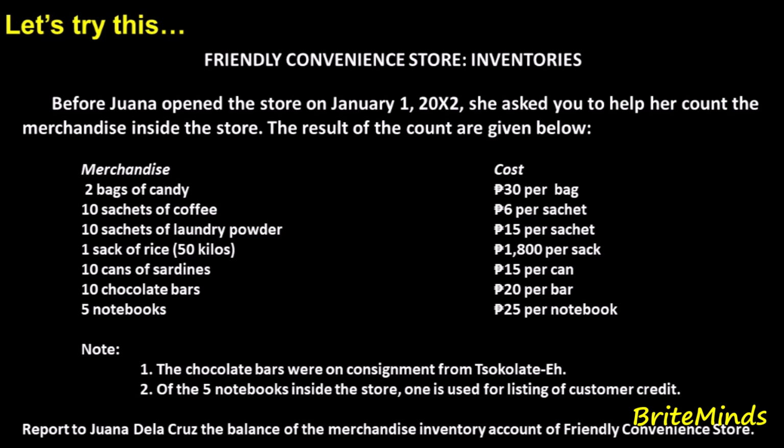Okay, so the merchandise, she has 2 bags of candy worth 30 pesos per bag, 10 sachets of coffee, 6 pesos per sachet, 10 sachets of laundry powder, 15 pesos per sachet, 1 sack of rice, equivalent to 50 kilos.